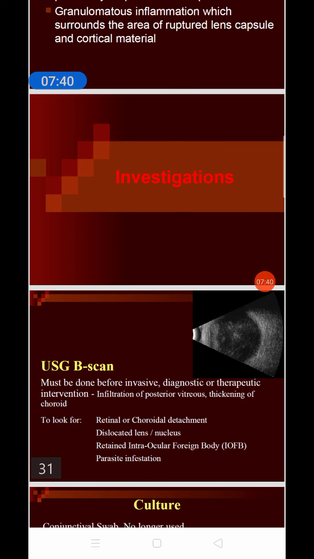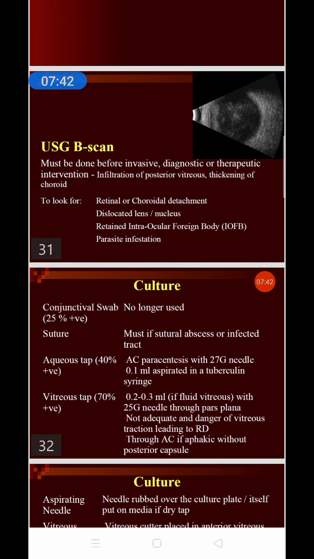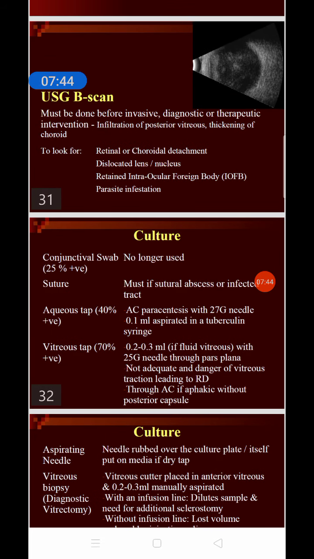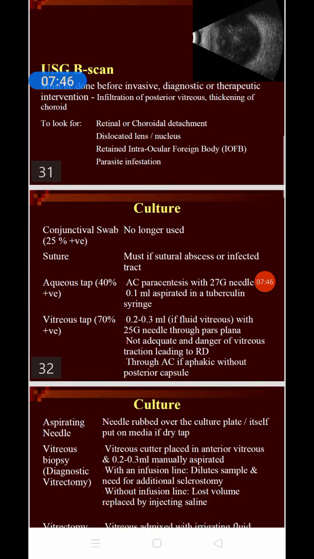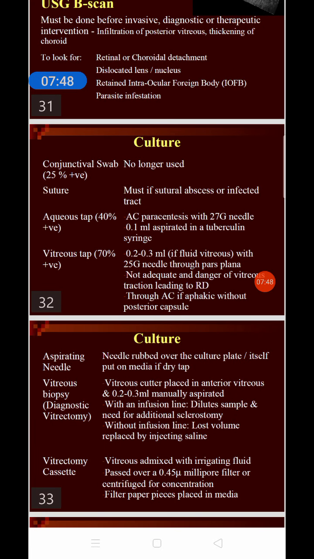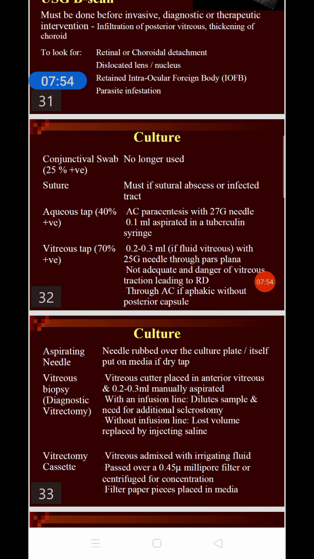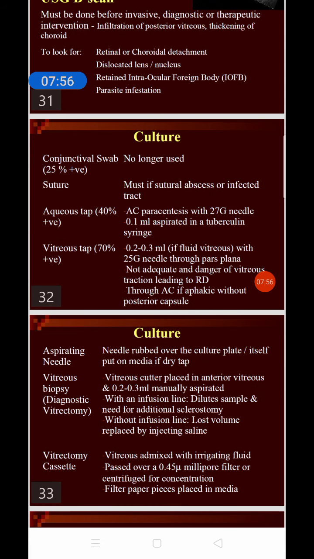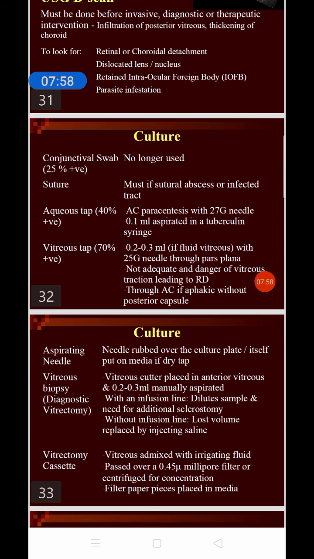So how do you investigate for confirmation of your endophthalmitis case? USG scan to look for any retinal or choroidal detachment, any dislocated lens, any retained intraocular foreign body, or any parasitic infection. You need to take a culture by conjunctival swab, though nowadays it is rarely done.